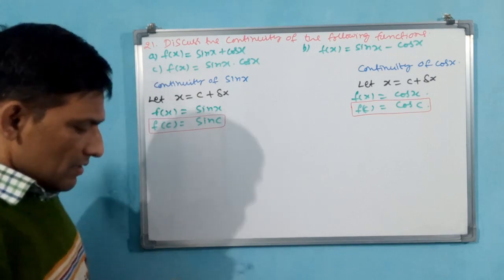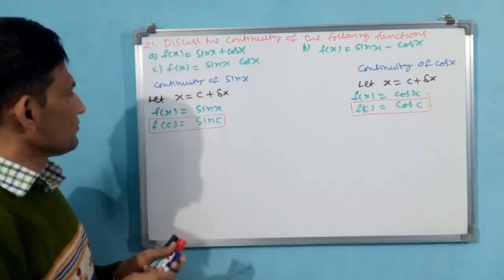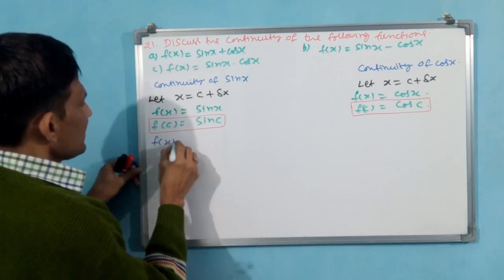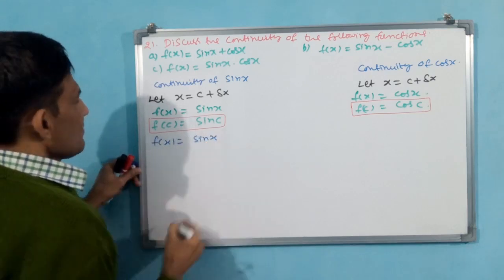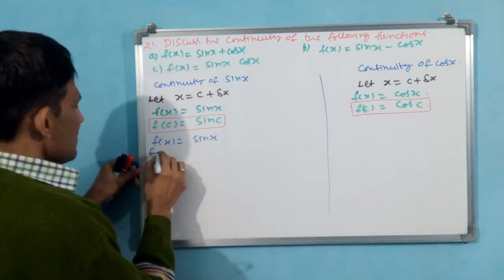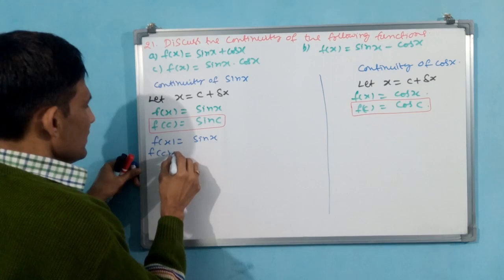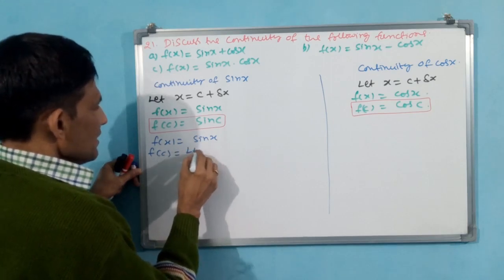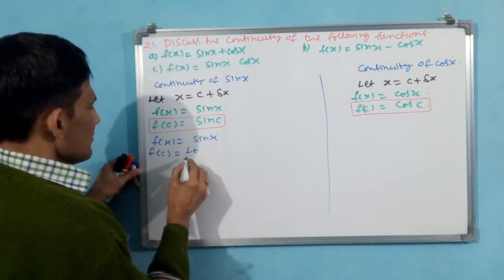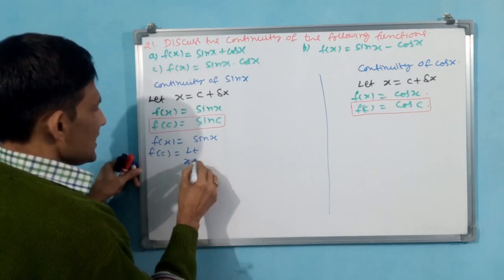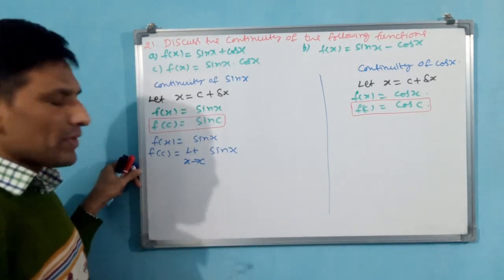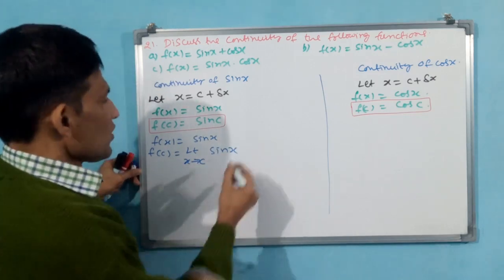Now you see what I am doing. f of x is equal to sin x. f of c is equal to limit x tends to c sin x. Like this I have written.